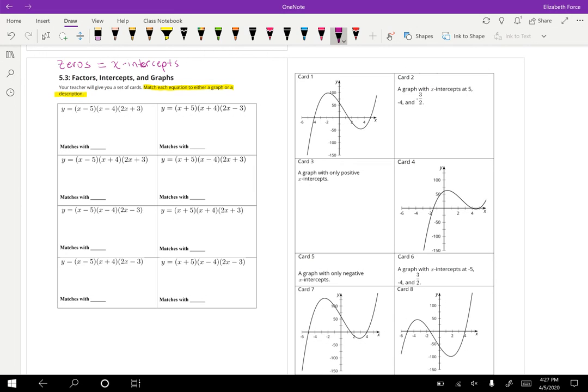This is going to be super important because this is how I'm going to help match the functions on my left with their graphs or their descriptions on the right.